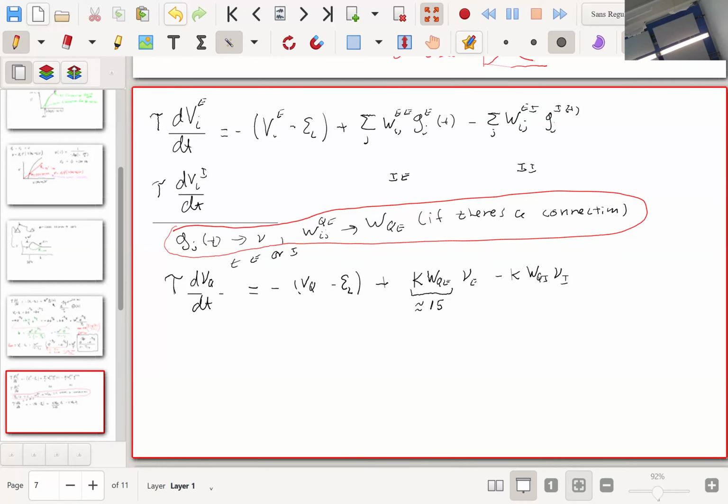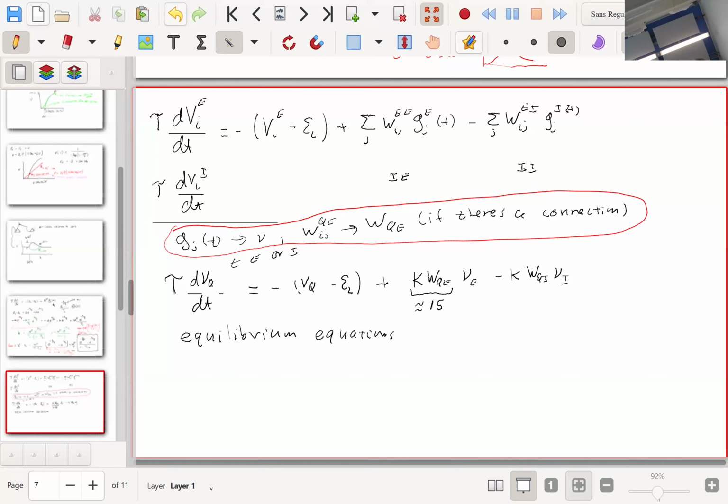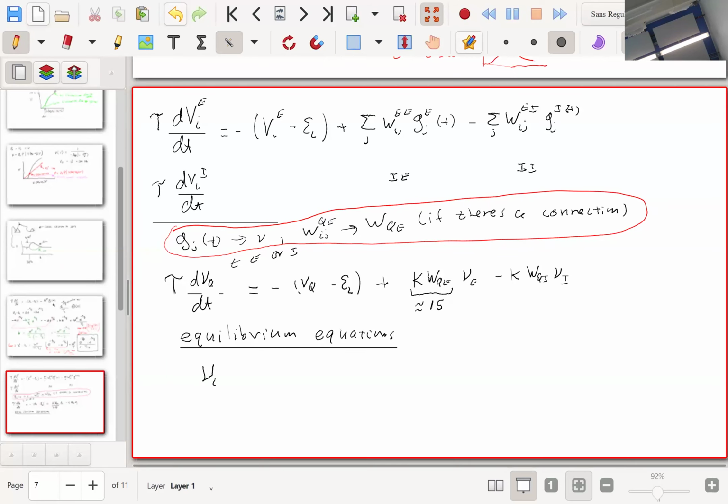So what that means is that we have two equations. These are equilibrium equations.